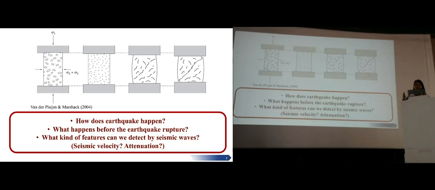Because we can observe it rather easily in the lab, we want to answer how an earthquake happens, and further, what happened before the earthquake rupture. And as seismologists, we want to see what kind of features we can detect by sending seismic waves.